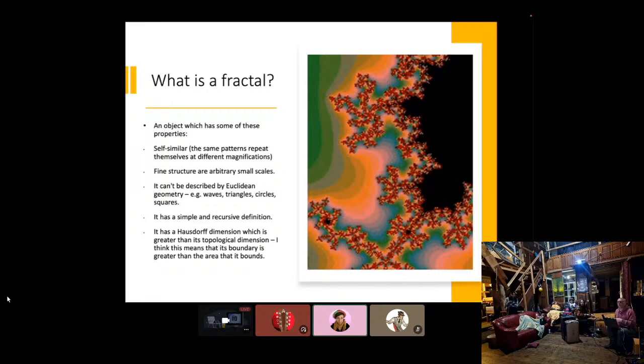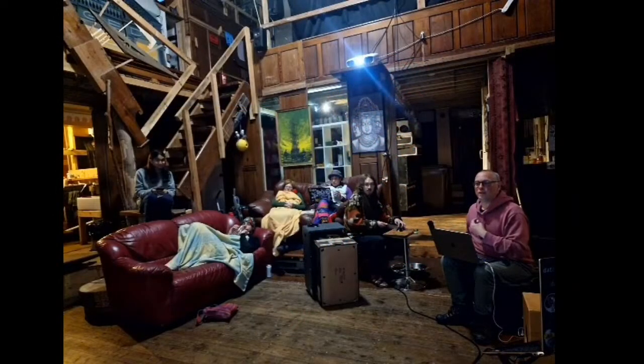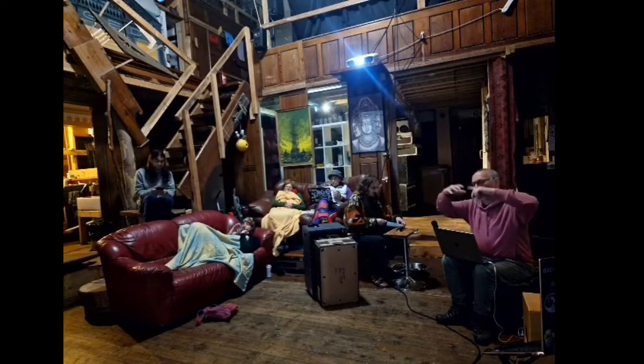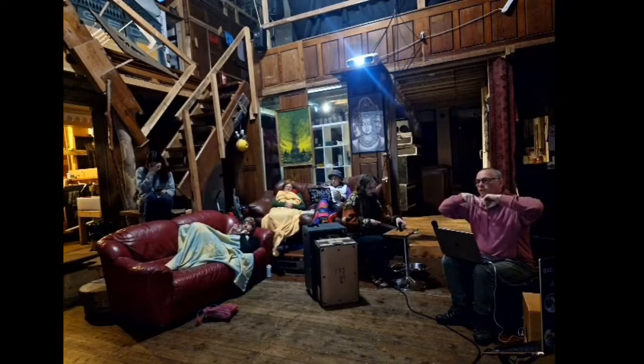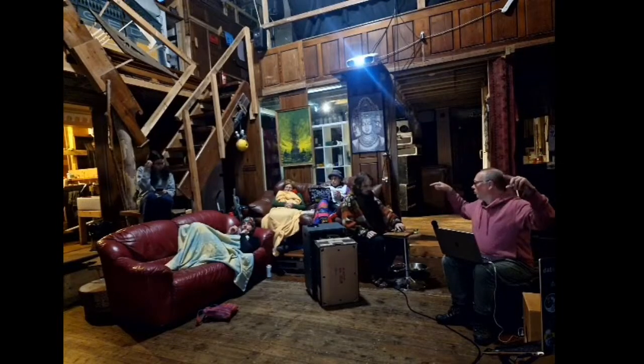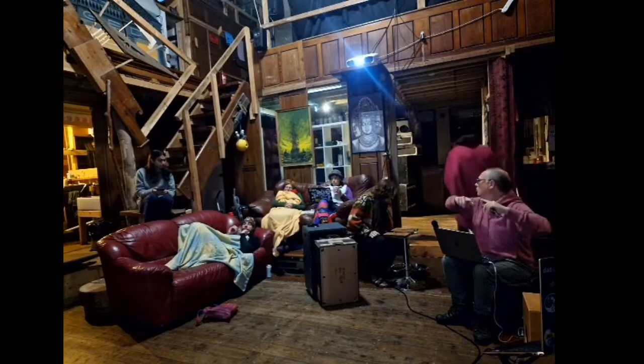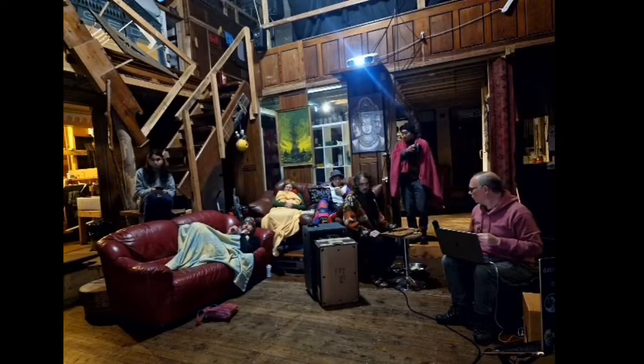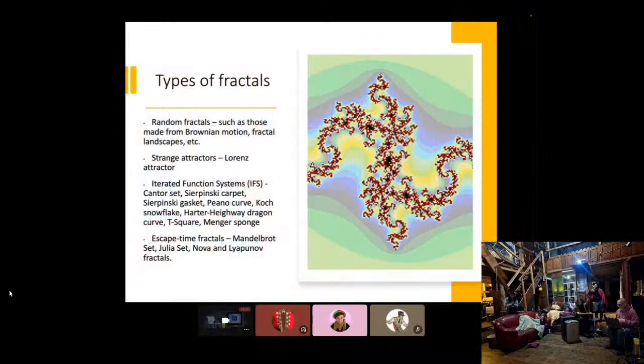What's a Hausdorff dimension? I think it means that its boundary is greater than the area it bounds. So the interesting thing about things like the Mandelbrot set, which we'll see in a minute, is that its boundary is almost infinite. It's got an infinite boundary to bound something that's finite in size, which is a peculiar quality.